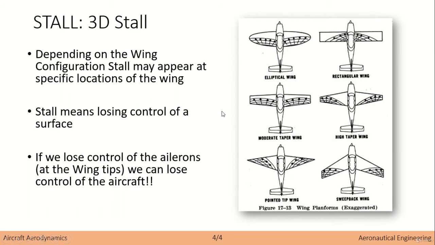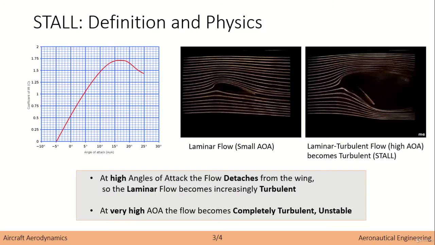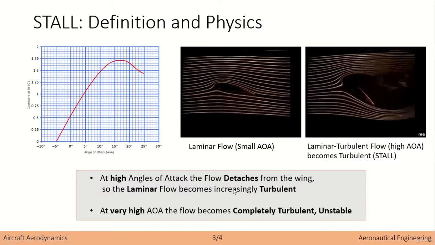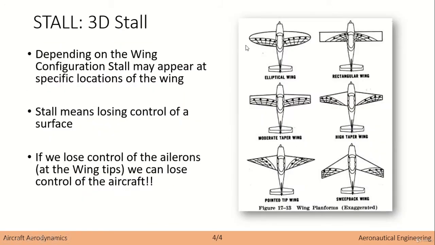It's also interesting to note that the stall, okay, we actually discussed it in 2 dimensions in this case. However, it doesn't appear the same way or at the same point, okay, depending on the geometry. So if you have, for instance, an elliptical wing, in general terms, the detachment of the flow or the appearance of the stall, okay, will actually happen in the middle of the wing, on the back part of the wing.